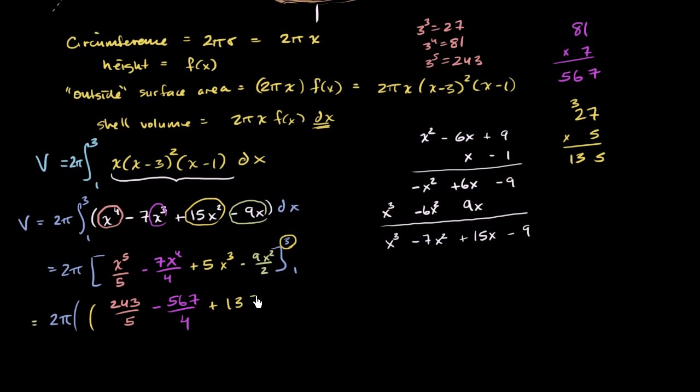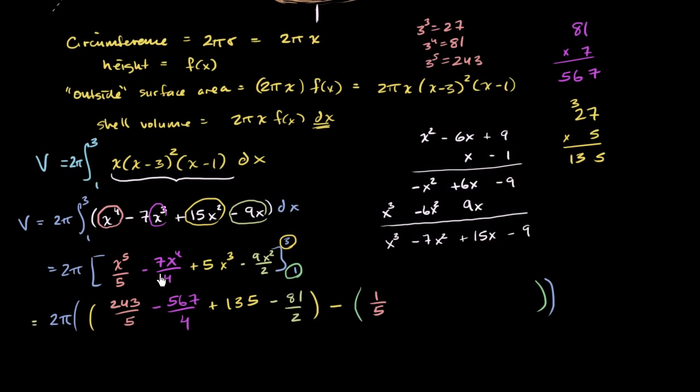And then finally, we have minus 9x squared over 2. So x squared is 9, and 9 times 9 is 81, so minus 81 over 2. So that's all of this evaluated at 3. And from that, we're going to subtract it when it's evaluated at 1. And we get 1/5.